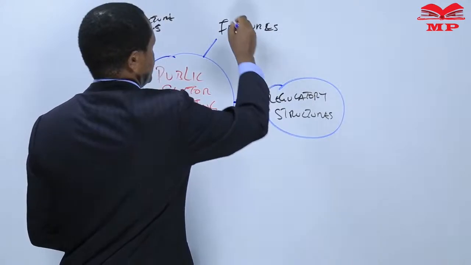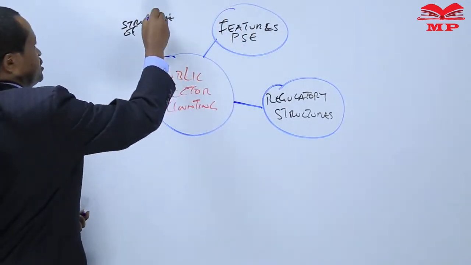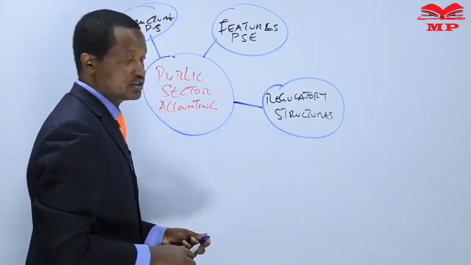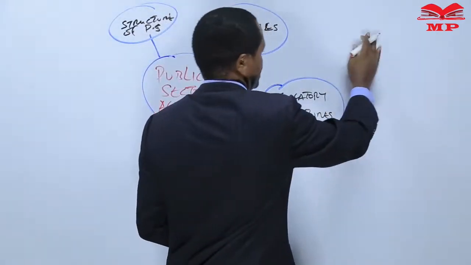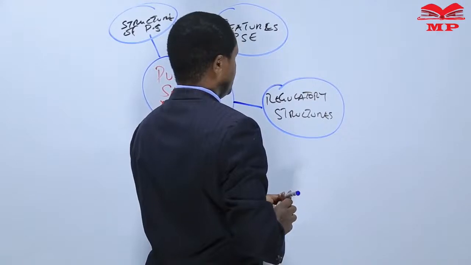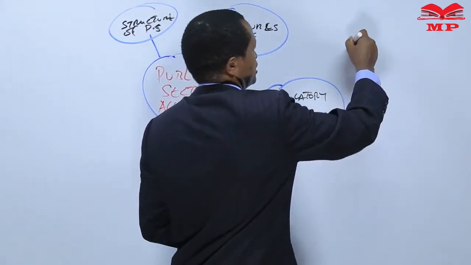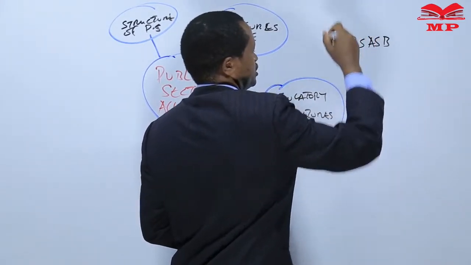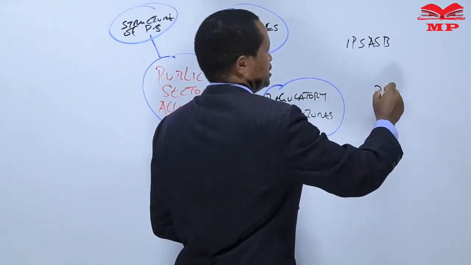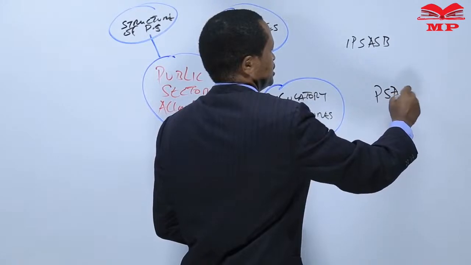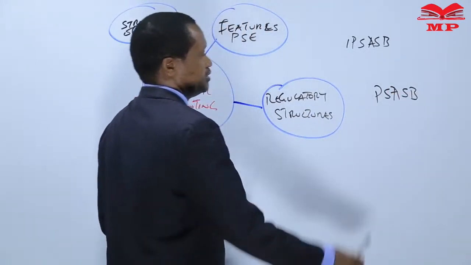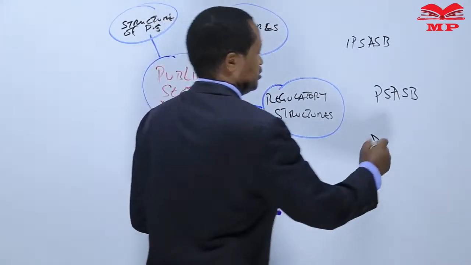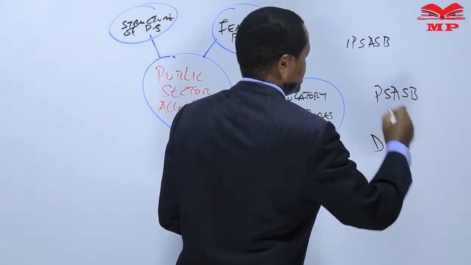This is our current subtopic. So far under regulatory structures, we have learned about the International Public Sector Accounting Standards Board, the Public Sector Accounting Standards Board, then the Directorate of Accounting Services.